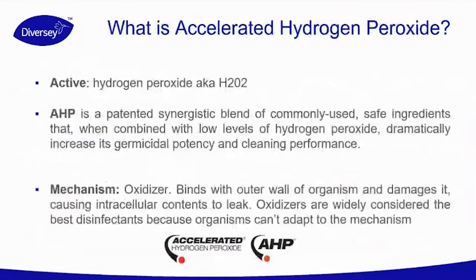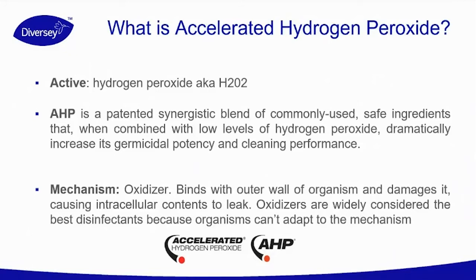So let's go a bit deeper into the accelerated hydrogen peroxide technology. So what it is: AHP is a patented synergistic blend of commonly used safe ingredients that, when combined with low levels of hydrogen peroxide, dramatically increase its germicidal potency and cleaning performance.